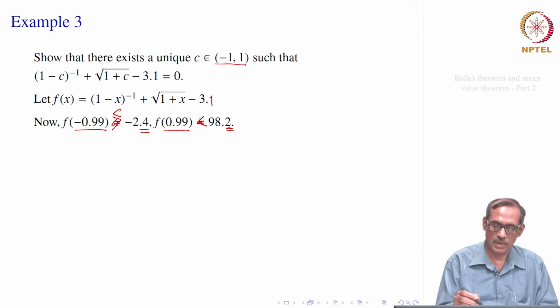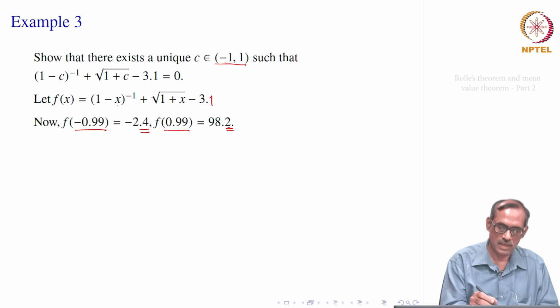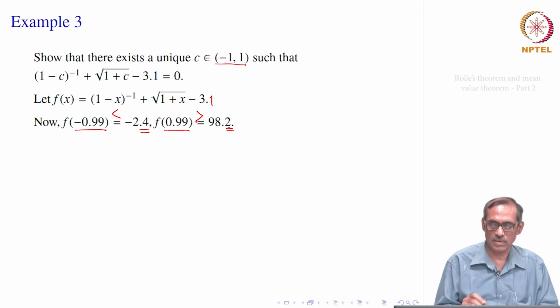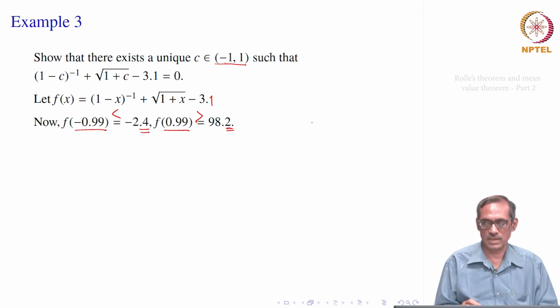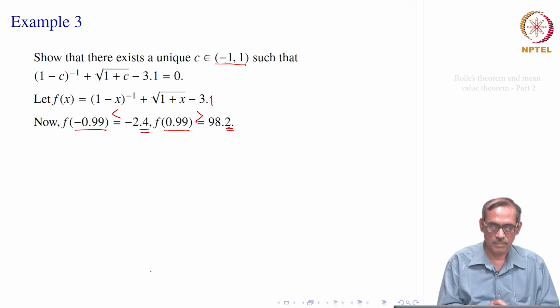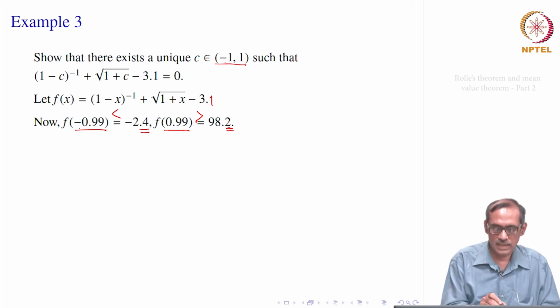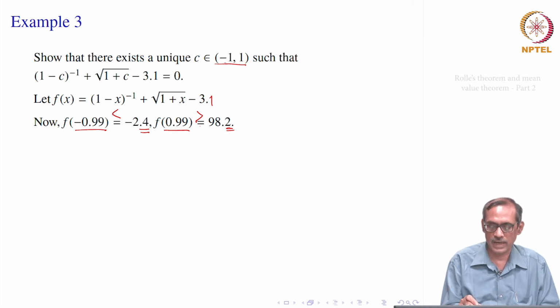So, we may write this is less than or equal to this, and this is greater than or equal to this, because something is chopped here from the decimal points. Okay, whatever. So, what we see is that f at minus 0.99 is negative and f at 0.99 is positive.